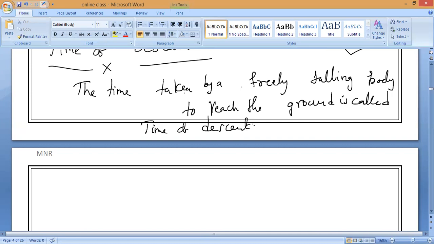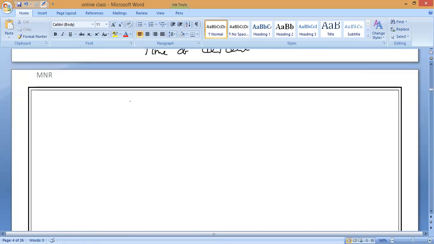Now, for time of descent, what symbol can we choose? For time of ascent, we chose TA. For time of descent, we choose TD. Keep it in mind, TD.